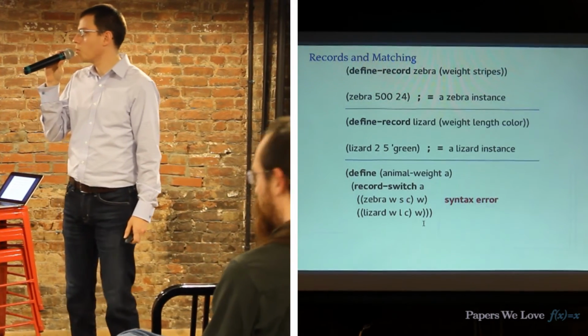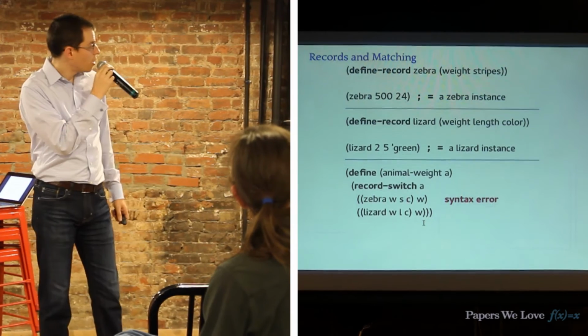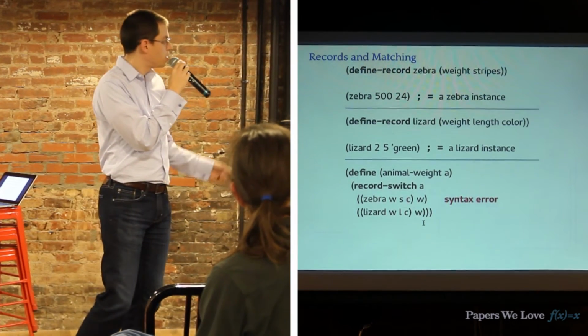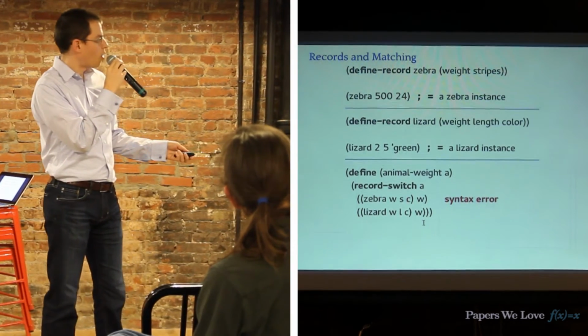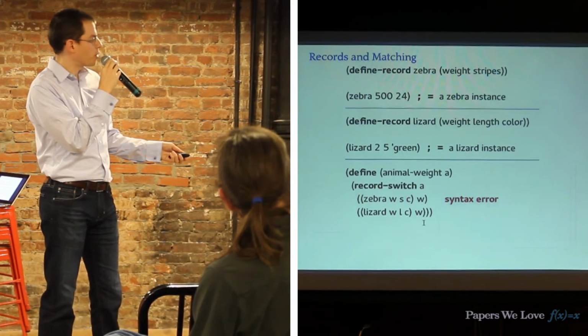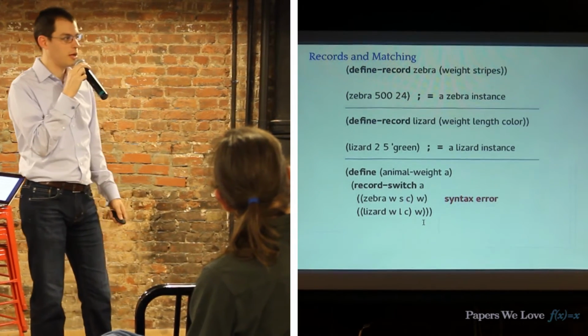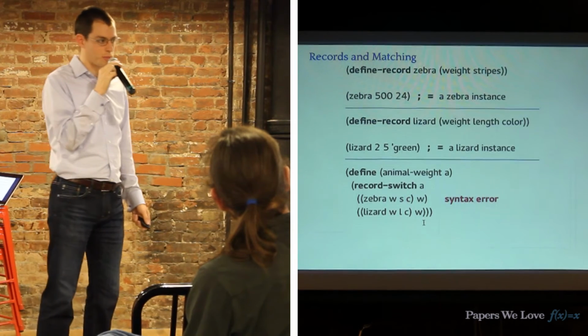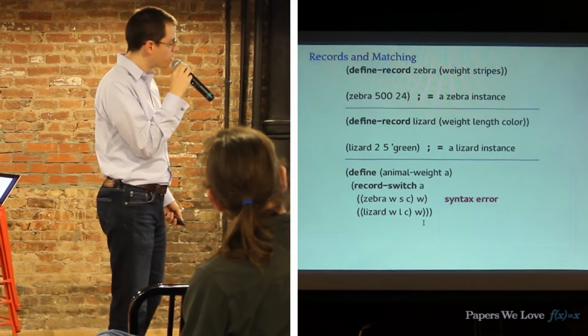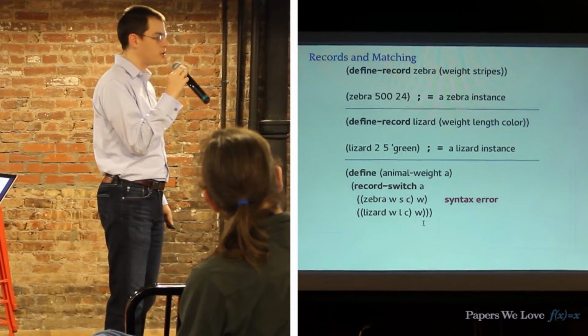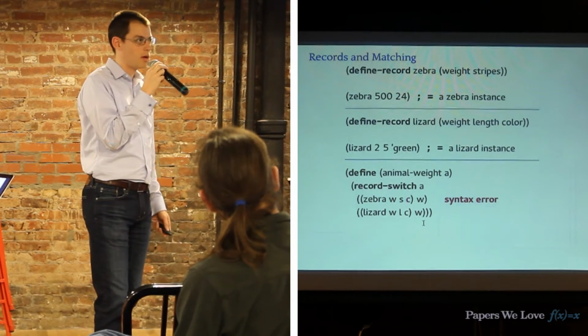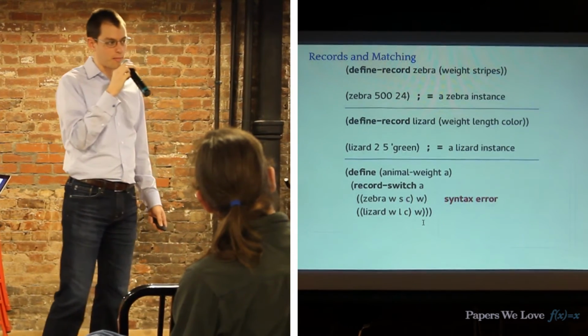So what happens if we try to use the wrong version of zebra? Say we assume that zebras have colors, but we're incorrect because zebras are always black and white. So this should be a syntax error. We should statically know how many fields there are in a zebra.